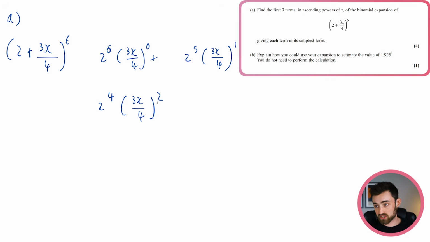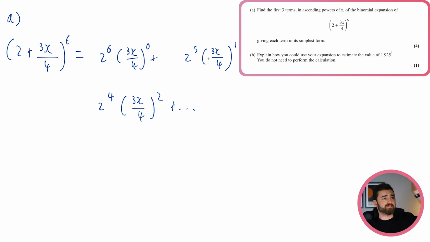But I only want the first 3 terms here. So I can write plus dot dot dot to show that I realise that this thing isn't exactly equal to that. There's a bit more kicking off. Note that the powers always add up to 6: 6, 0, 5, 1, 4, 2, etc. It's not quite the whole story because we have these things called binomial coefficients. This doesn't only happen once. There's loads of different combinations.